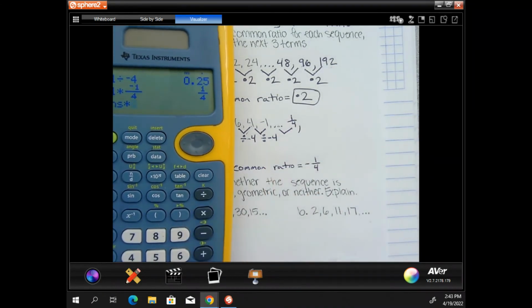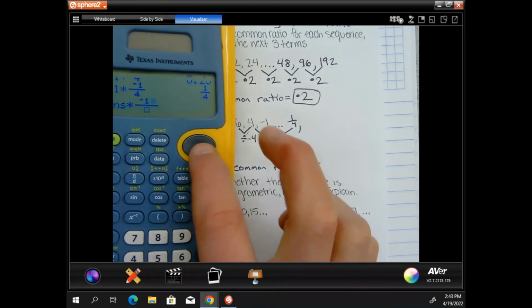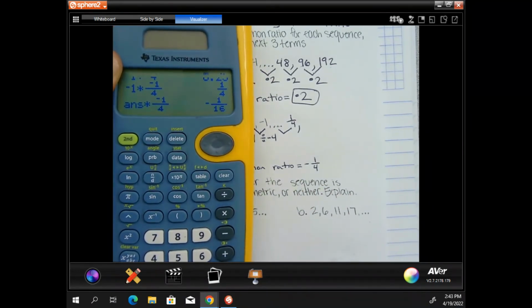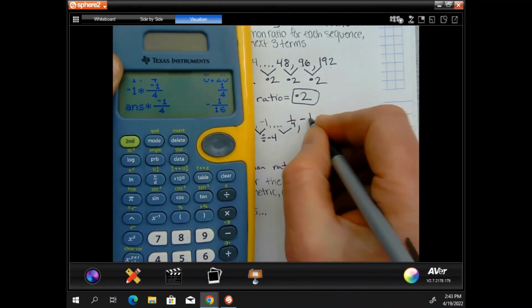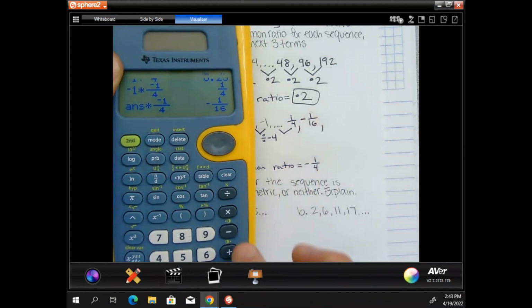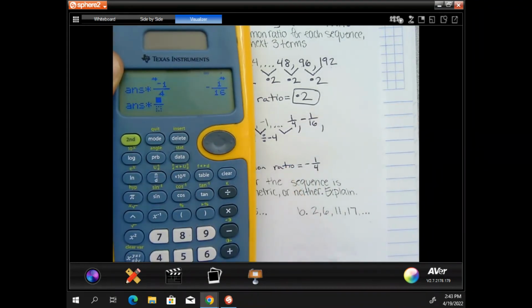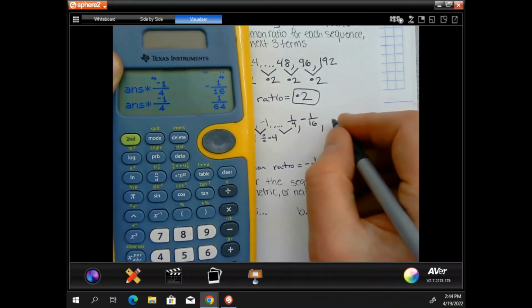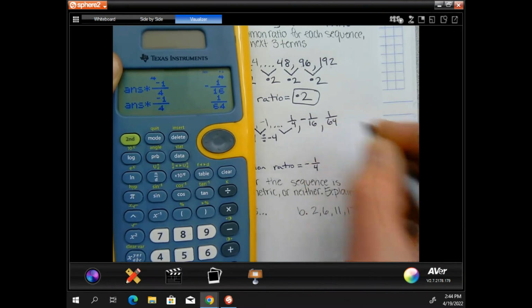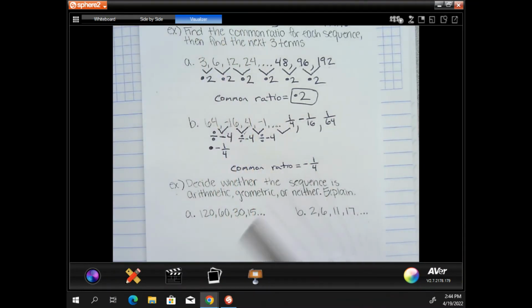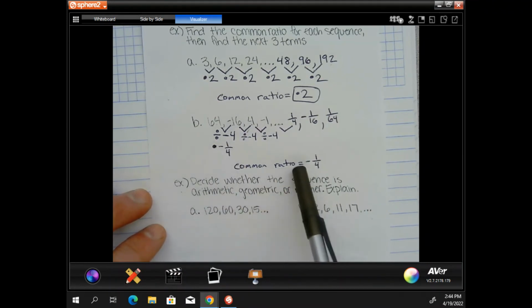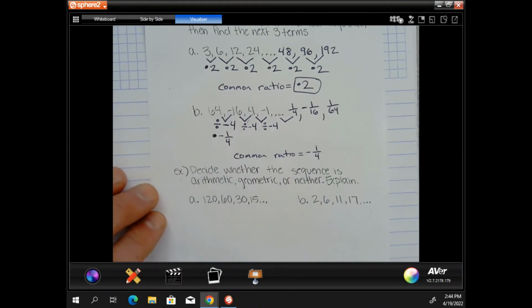And then I'm going to times that answer by negative 1/4, and I get negative 1/16. And I'm going to multiply that by negative 1/4, and I get positive 1/64. So we can see if we're going from positives to negatives, most likely our common ratio is a negative number.